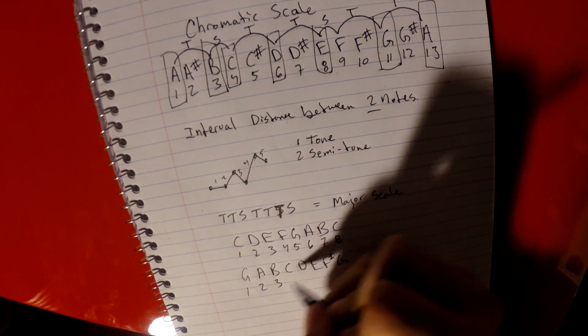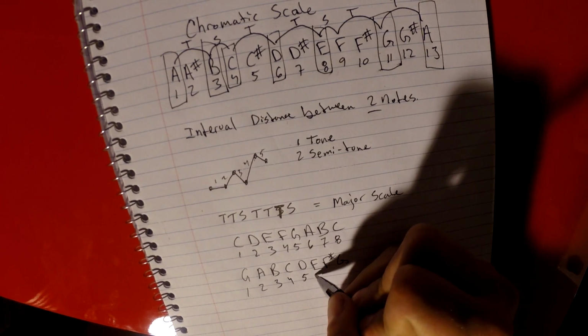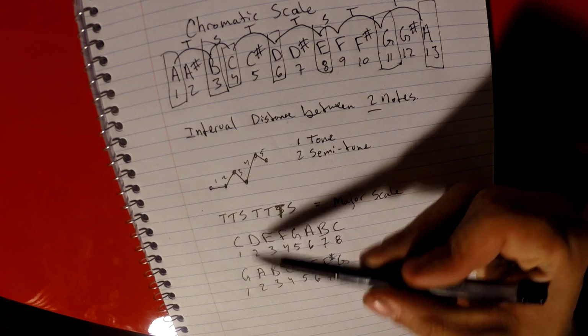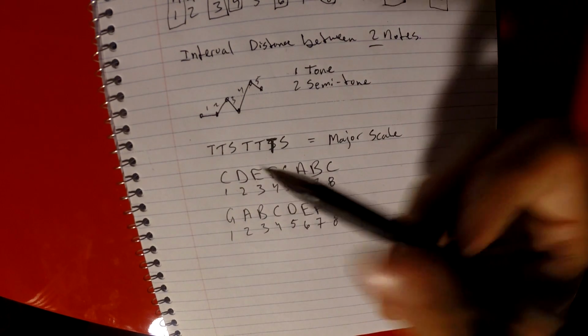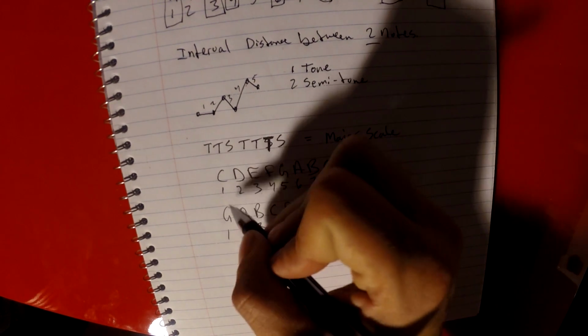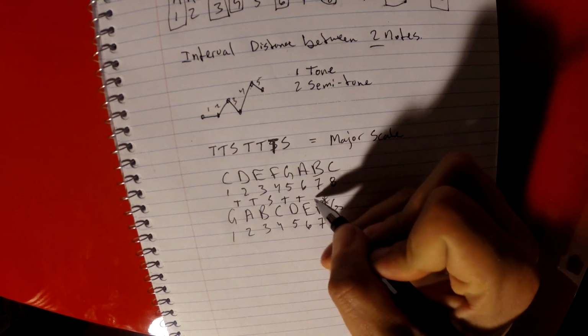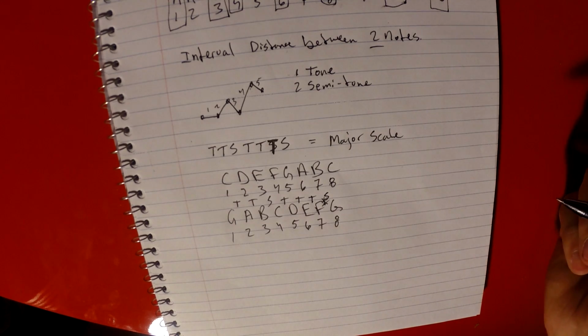So if you were to write your scale degrees, what you get for both of these situations would be the formula of tone, tone, semitone, tone, tone, tone, semitone.